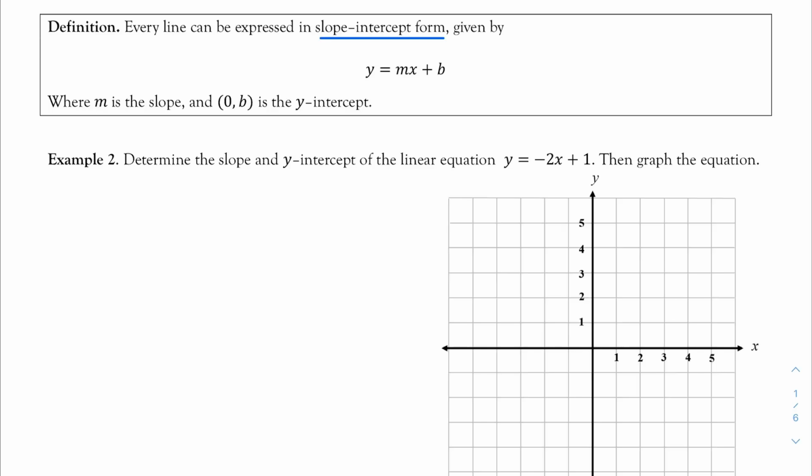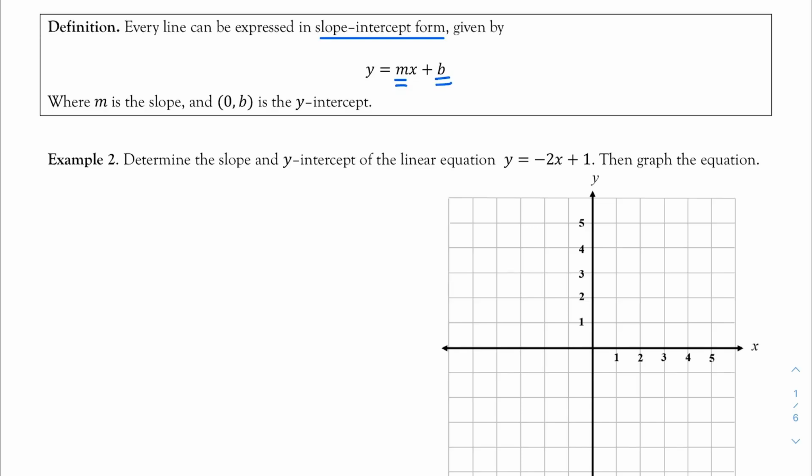Remember from the previous section, we used m to denote the slope. And here we use b to denote the y value of the y-intercept. We call this slope-intercept form because it gives me the slope and the y-intercept, whatever it may be. So this is one of the common ways that we write out lines.